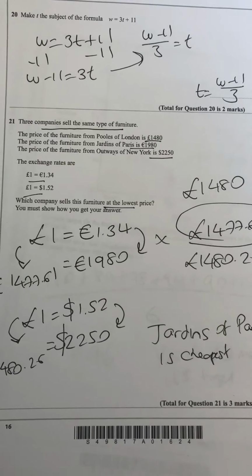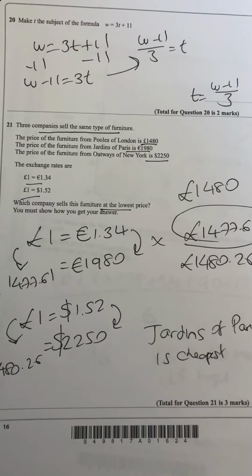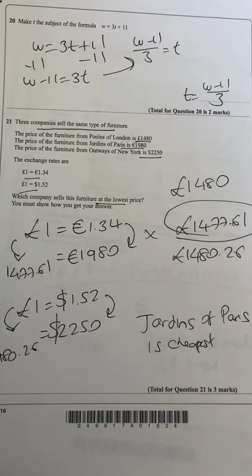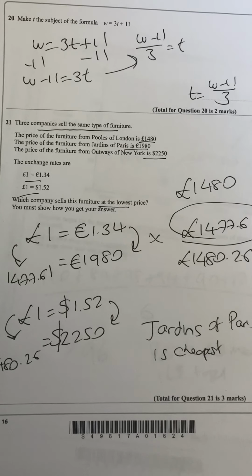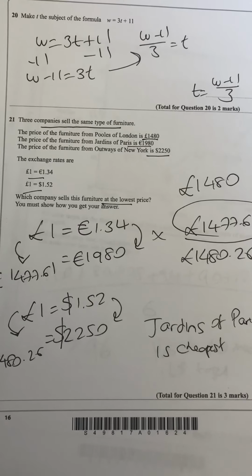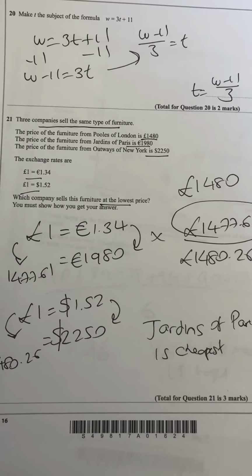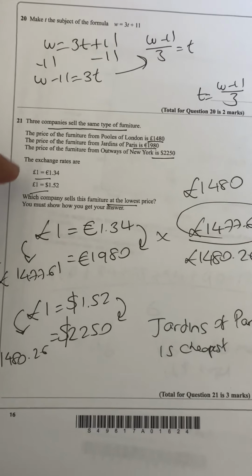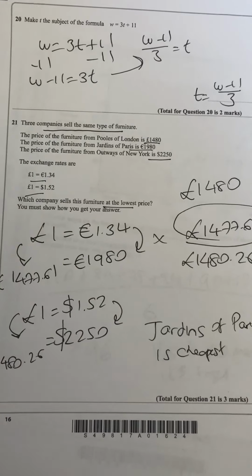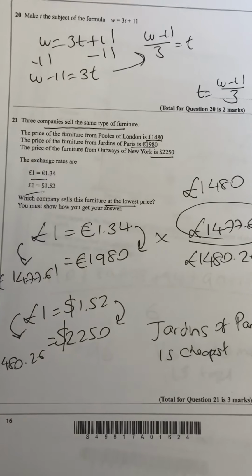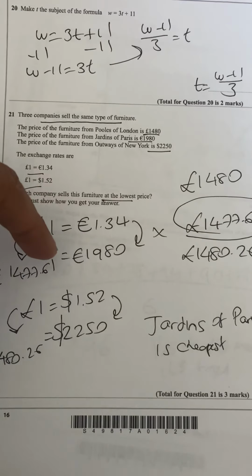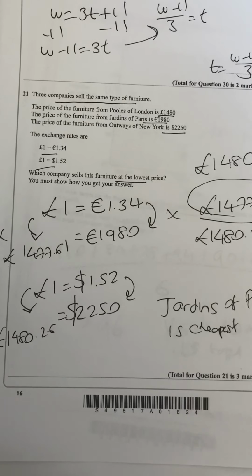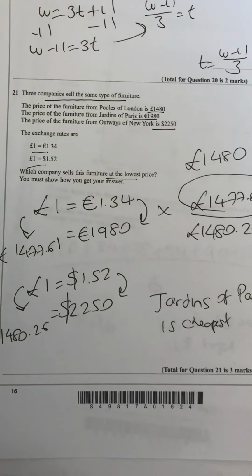Okay, so what I did here, guys, was I converted everything into pounds to make it easier. So I converted 1,980 euros into pounds, and then I converted $2,250 into pounds using obviously the appropriate exchange rates. So 1,980 euros is equivalent to £1,477.61.